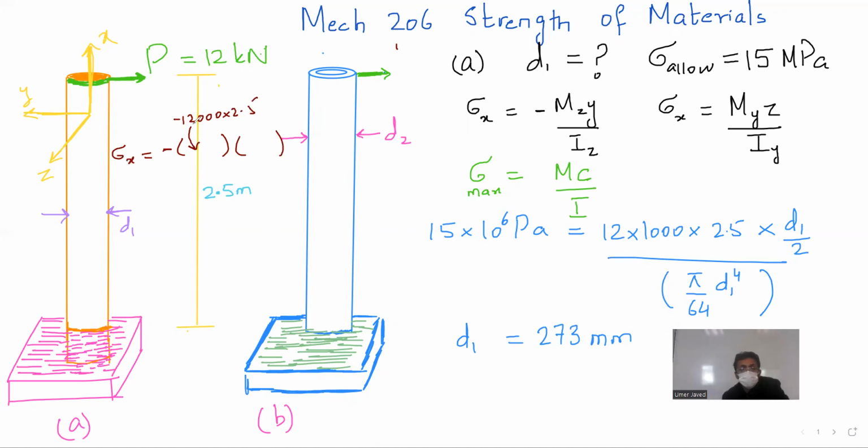So I will substitute the value of, let's say, D1 as 273 over 2000, radius, divided by the value of I, which is Iz, I suppose. This y is a scalar quantity.